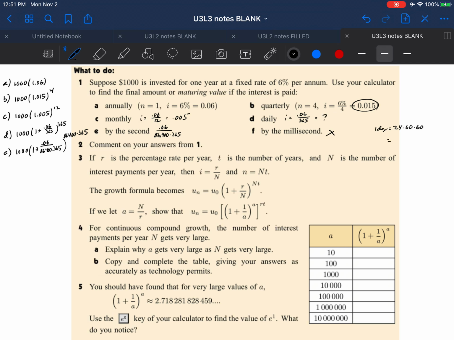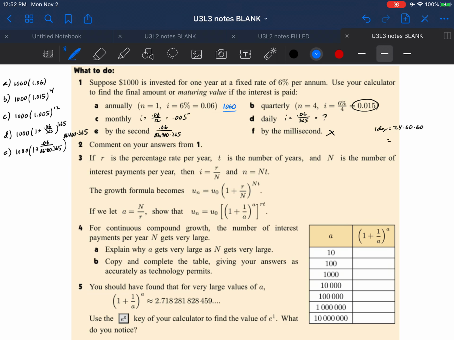Okay, so let's do these calculations, and I'll write in blue. I'm going to keep all this, but the answers will be in blue. So 1,000 times 1.06 is 1060. Quarterly.